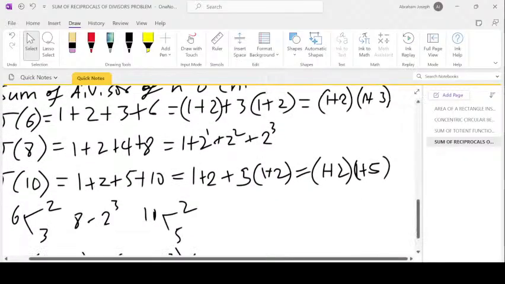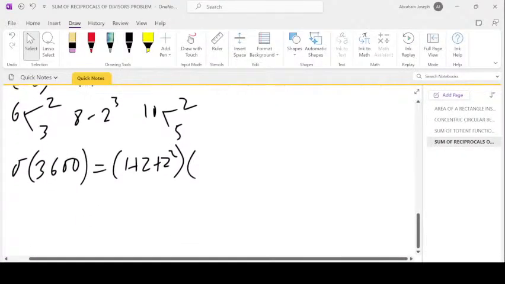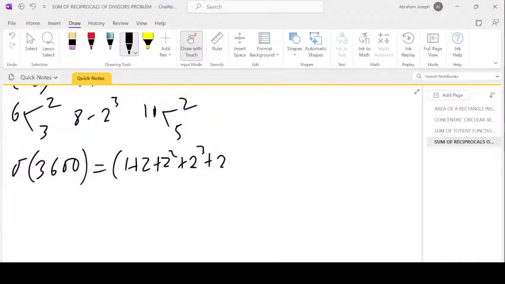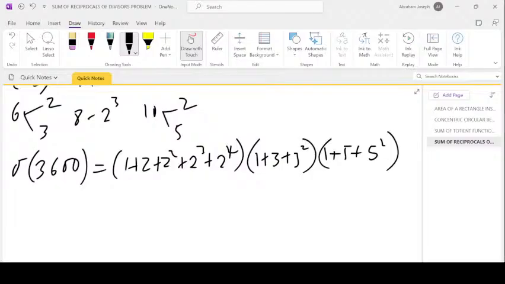Okay, no, we're not done yet. So we add more to it. So plus 2 raised to 3 plus 2 raised to 4. Yeah, so this is what is going to be multiplied by 1 plus 3 plus 3 raised to 2, multiplied by 1 plus 5 plus 5 raised to 2. So that is the sum of the divisors that we wish to find.